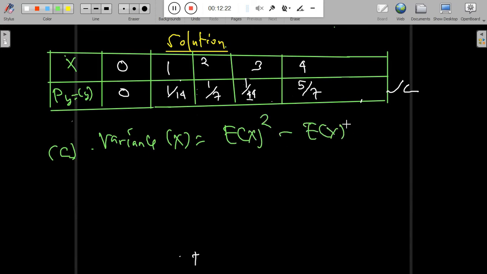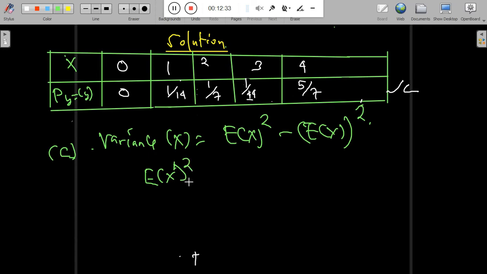Now after understanding that, it is possible to find what we are looking for. Let's find the variance. The variance of x is equal to the expectation of x squared minus the expected mean value squared.